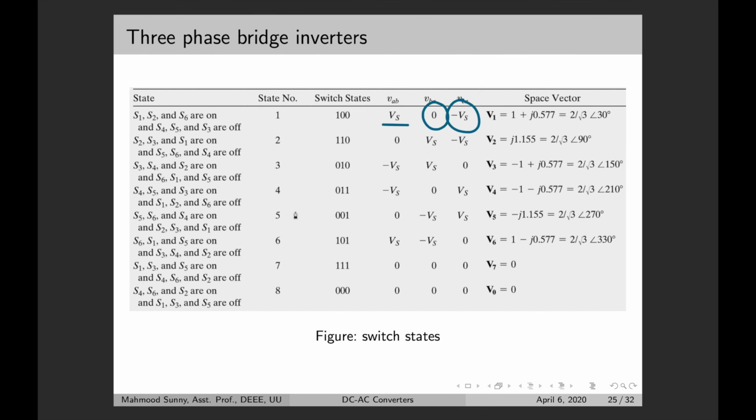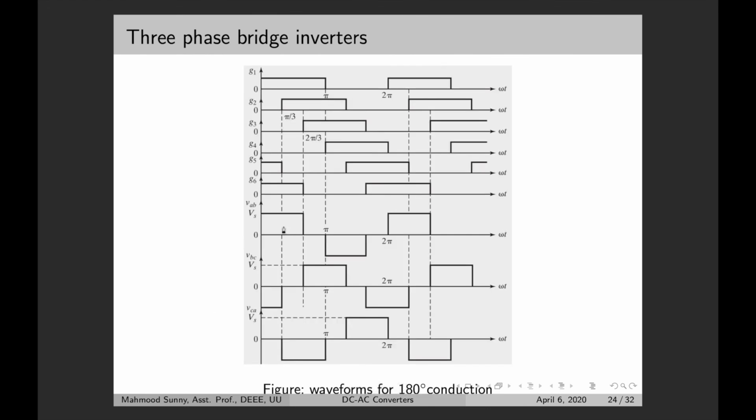Now let's go back to the waveform. Okay. At the beginning, VAB is maximum. Then after 120 degrees, VBC becomes maximum, and then VCA. So what we can see here is that at the beginning, switch 6, switch 5 and switch 1 are turned on.